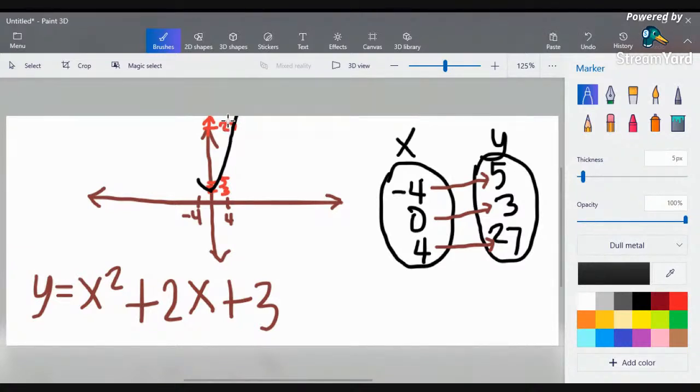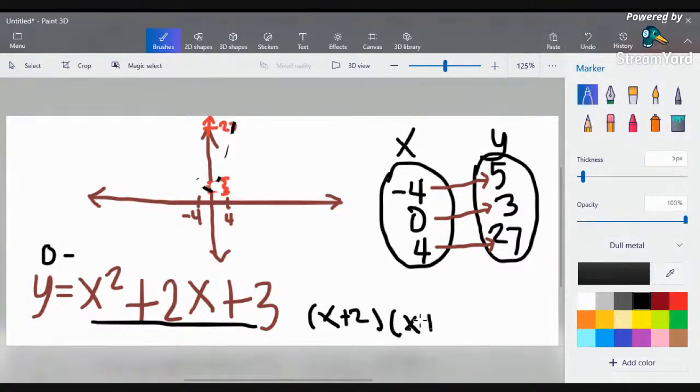For the intercepts, when y is equal to 0, we find x. To help us graph, if y is equal to 0, then x plus 2 times x plus 1 equals 0.